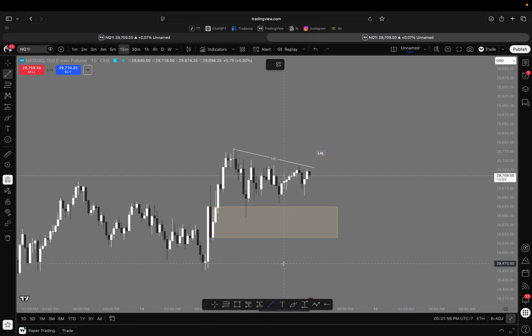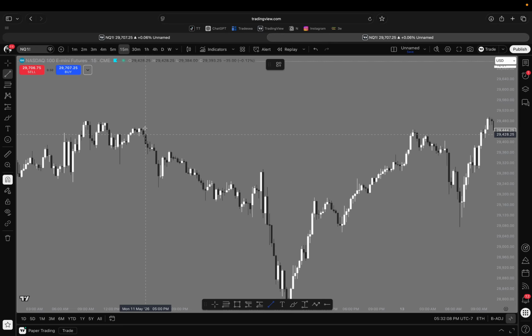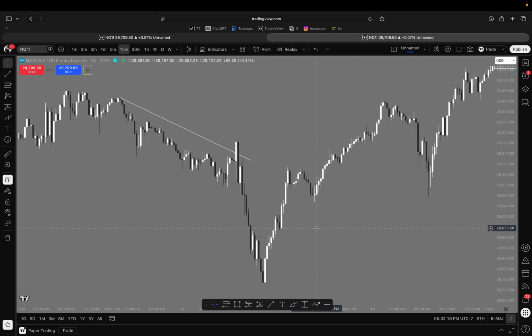Let's find another example. Here, for example, this would be seen as LRL, low resistance liquidity. All these draws are aiming towards the same area. So if price is given the option to push higher, right? If confluence is stacked and we get the opportunity to push higher, the first thing I'm looking at is, okay, what is above me?